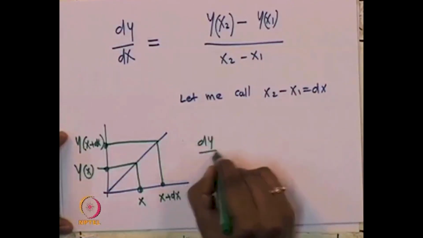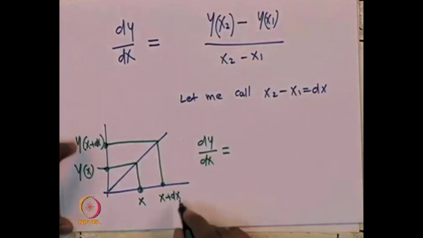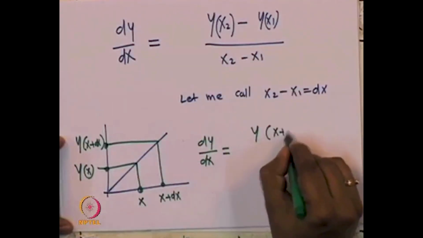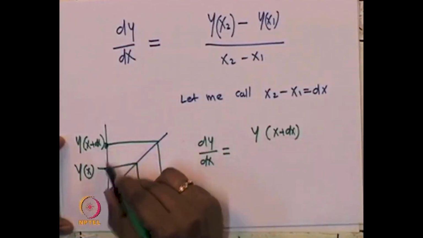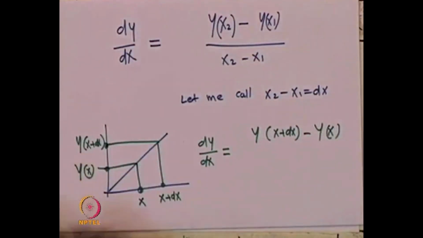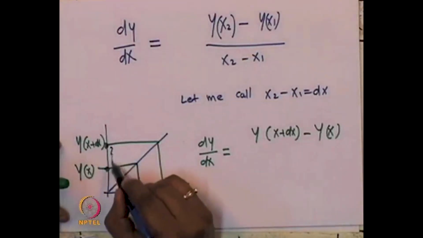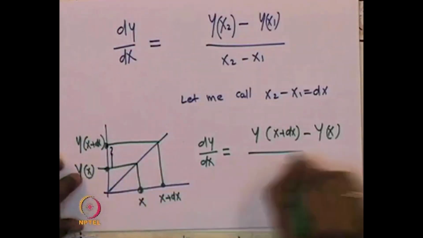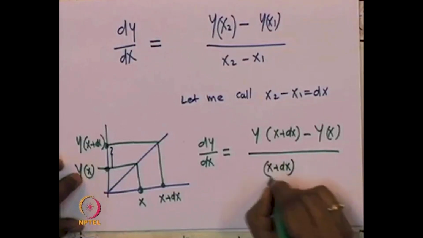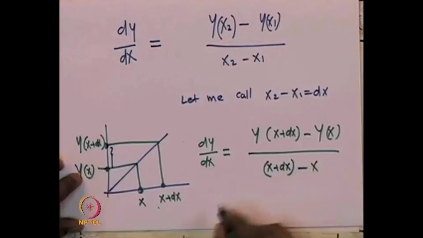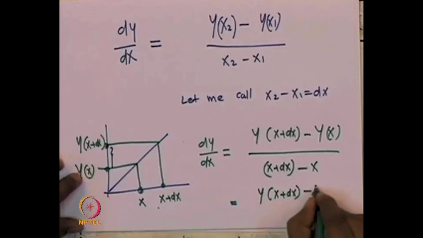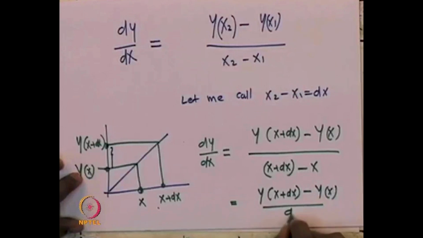I can write dy by dx equal to y of x2 minus y of x1, which is like y of x plus dx, this point, minus this point y of x. Again, this is nothing but this distance divided by x plus dx, which is this, minus x. In other words, dy by dx equals y of x plus dx minus y of x, divided by dx.